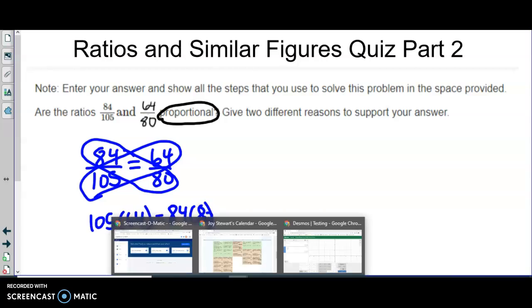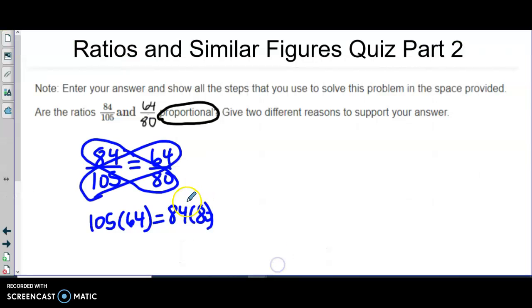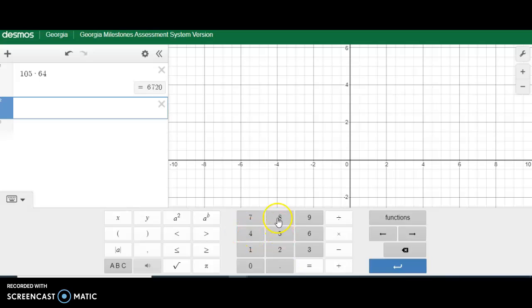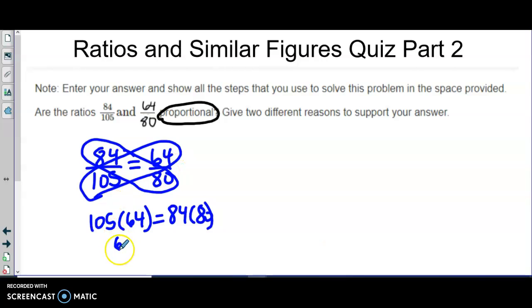So let me go to my calculator and do that. So I'm going to type in 105 times 64, and then I'm also going to type in 84 times 80. So these two are equal. They both equal 6,720.